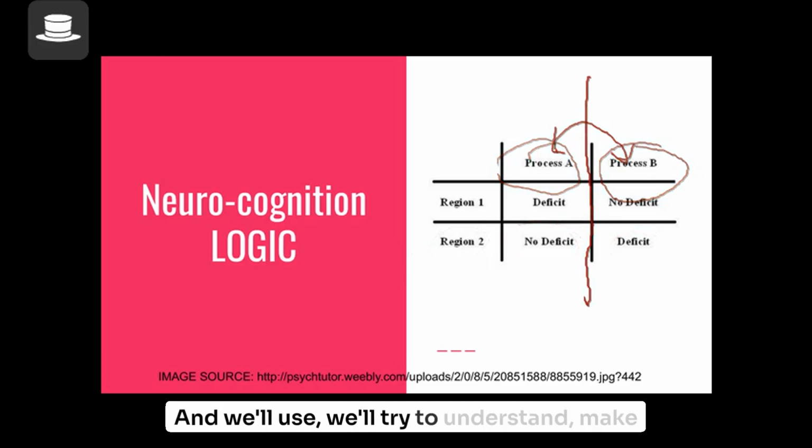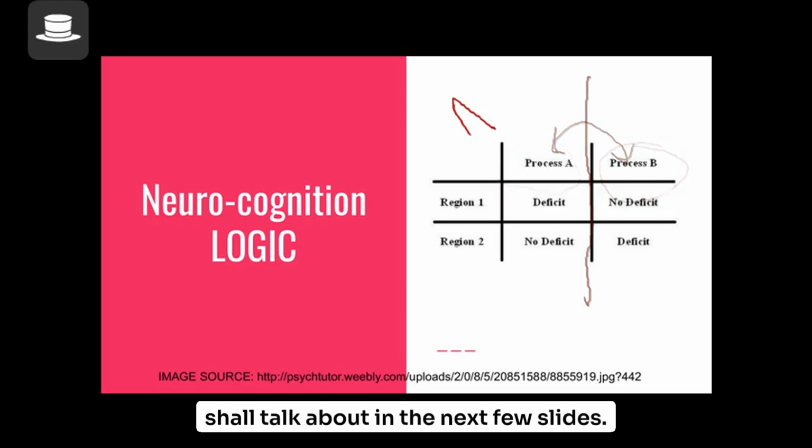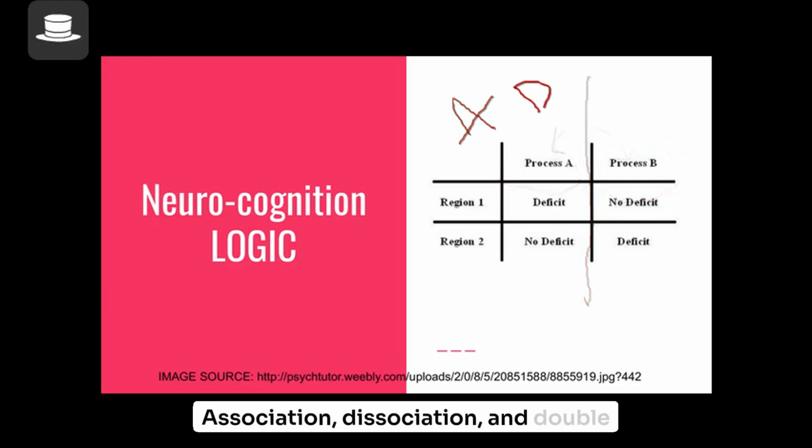We'll try to make sense of three specific terms here, which we'll talk about in the next few slides: association, dissociation, and double dissociation.